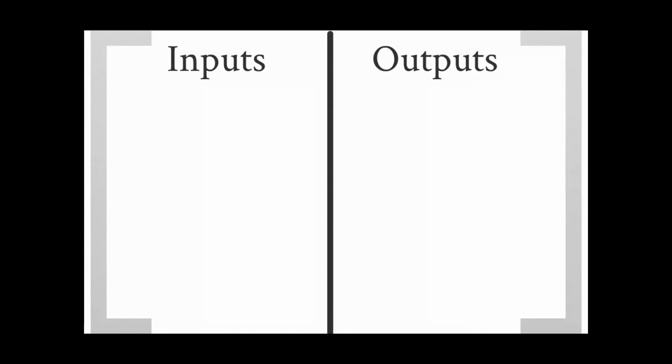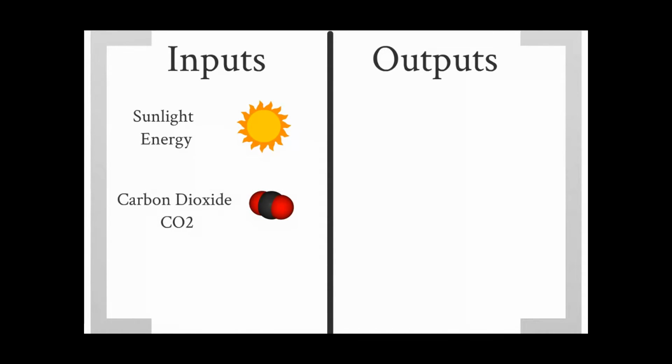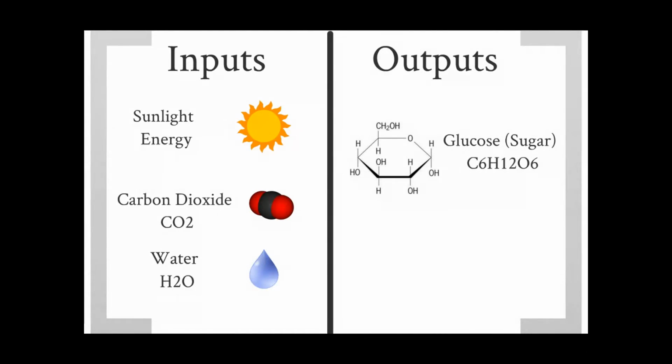Our producers, or plants, are taking in three things: sunlight, or light energy, carbon dioxide, CO2 gas, and water, H2O. And they're producing our outputs: sugar and oxygen gas. So three things go in and two things go out.